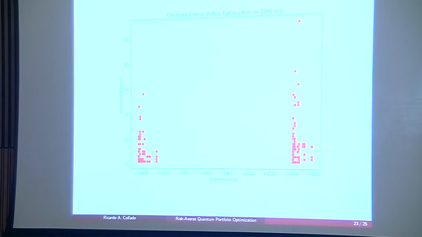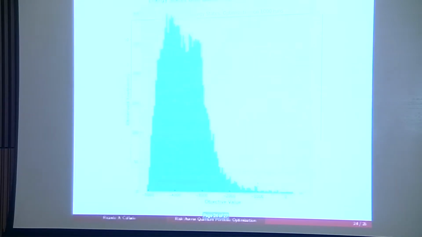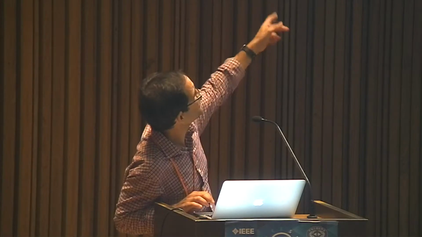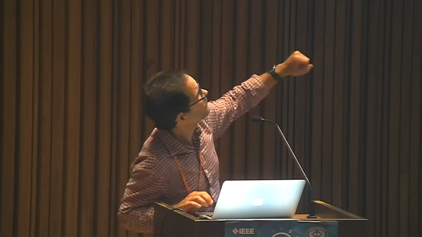And here we have another one for another type of problem. You see, it's clear that it's actually finding something, but we have two sides here, no? What happens here is that these are integer optimization problems, and there are two local solutions. So this one is better than that one, so this is the one that we want. Okay? And here we ran this many more times. This is a 10,000 times run, and then we have the frequency of the observations.